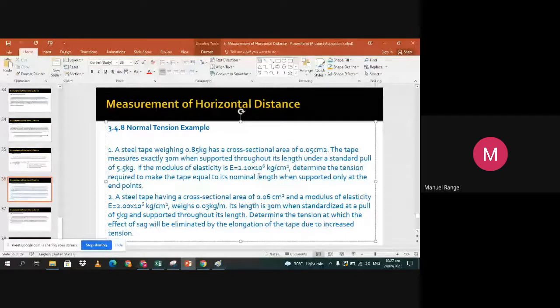Its length is 30 meters when standardized at a pull of 5 kilogram and supported throughout its length. Determine the tension at which the effect of sag will be eliminated by the elongation of the tape due to increased tension.